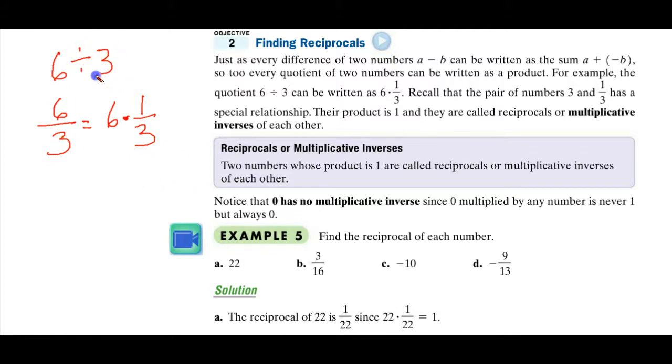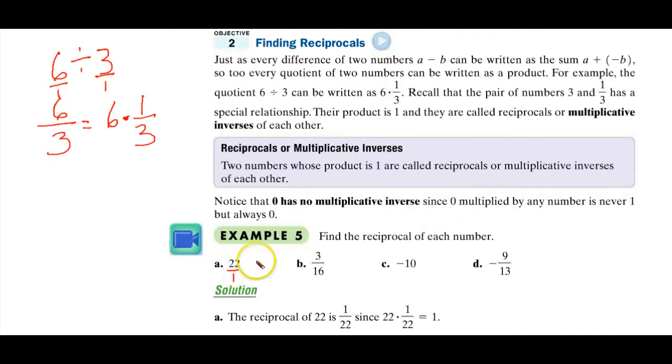So in a sense, this was over 1, and it is not a fraction that is involved there. So here it's easy, and remember 0 has no multiplicative inverse. What's the reciprocal of this?